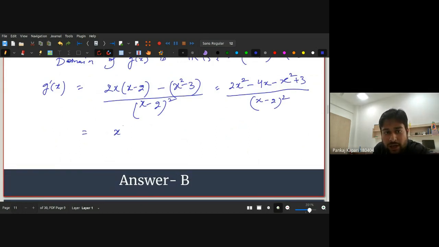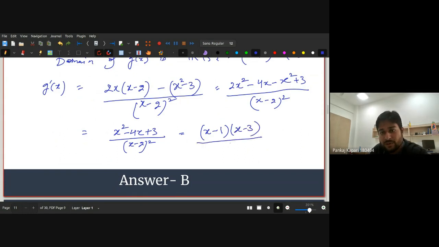So we'll get x square minus 4x plus 3 divided by (x minus 2) whole square. Notice that we can factor the numerator. How can we factor this numerator? We'll factor it into (x minus 1) into (x minus 3). So this is our derivative, the derivative of g.